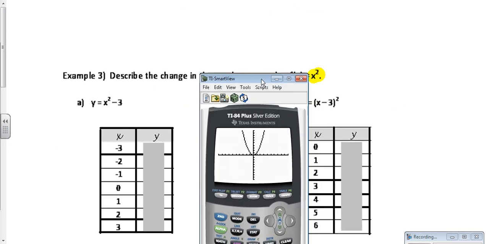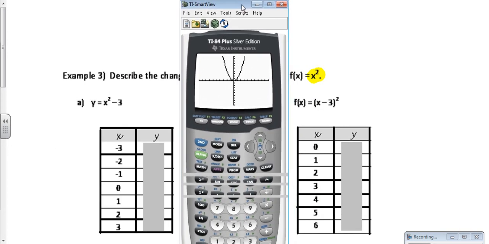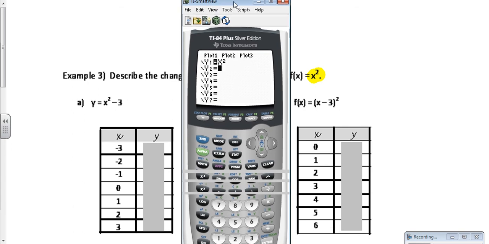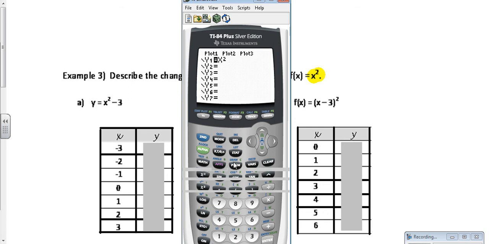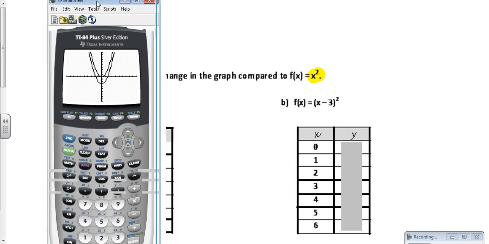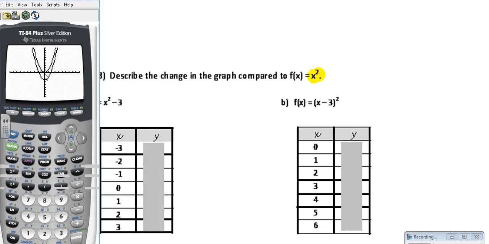Now let's see what happens when I go down to my next equation, and put in y equals x squared minus 3. Let's see what that graph looks like. Now look what happens. My original graph had a minimum at 0, then it went back up again.